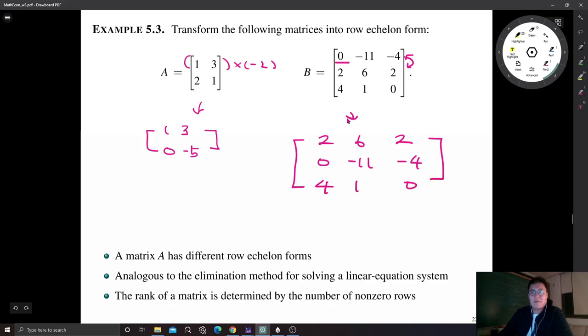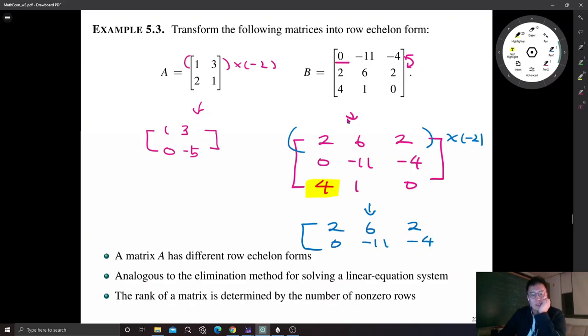First, we have to transform this number 4 to 0. How can I do that? We need to multiply the first row by negative 2, and we have negative 4, and then add it to the third row.